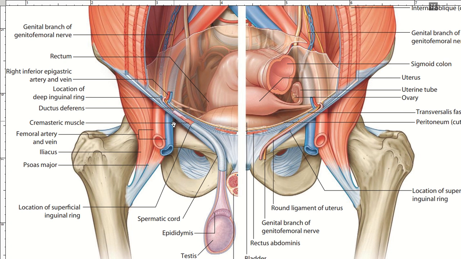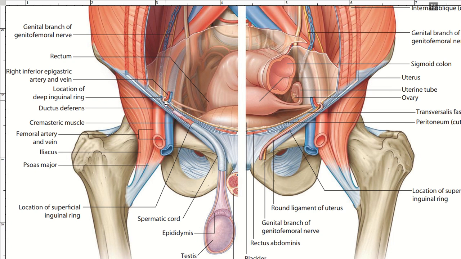You will see it later. Your ilioinguinal nerve is found in the male and the female. You're also going to have your genital branch of the genitofemoral nerve. You can actually see this nerve, which is also found in female.